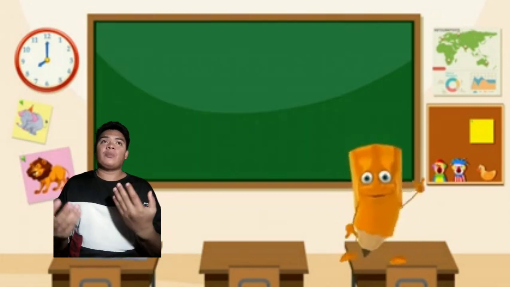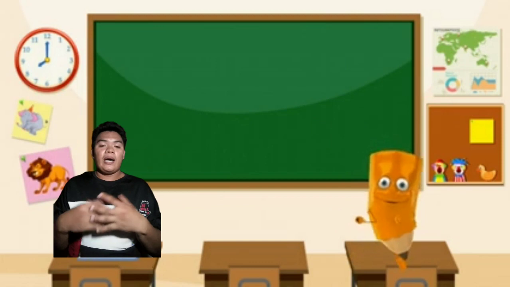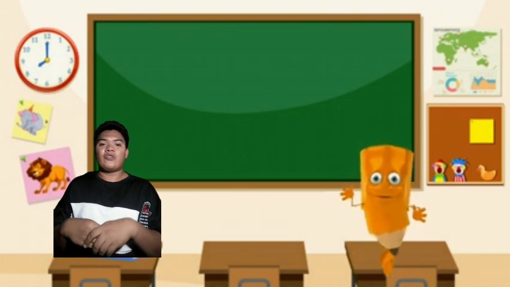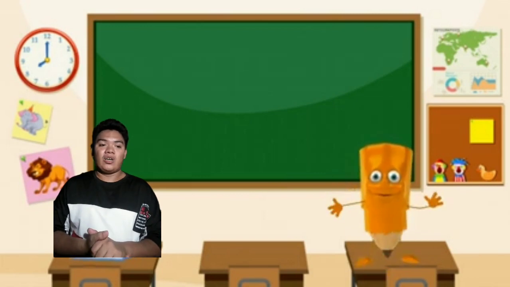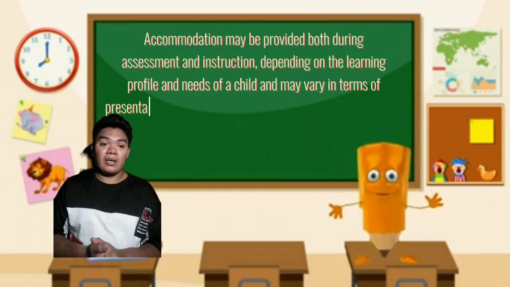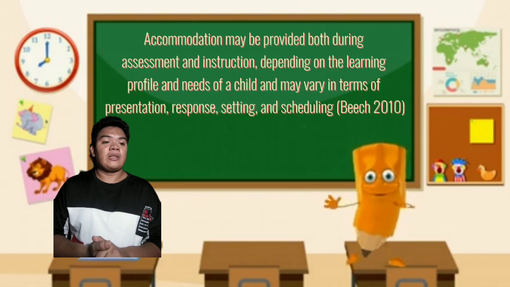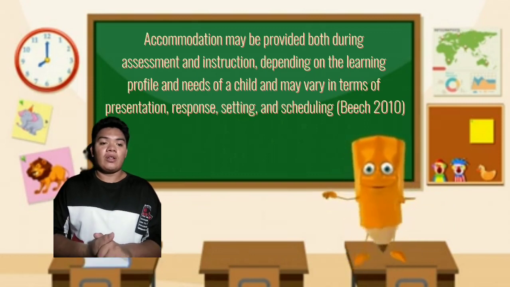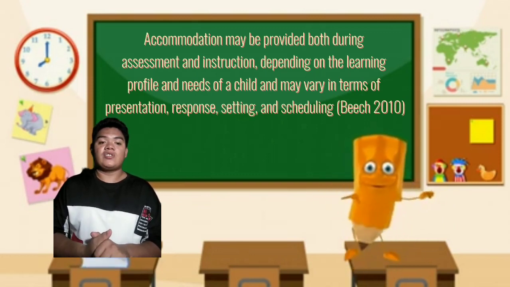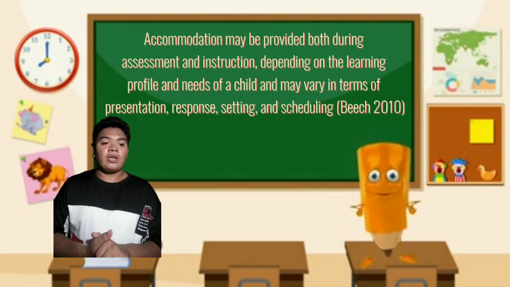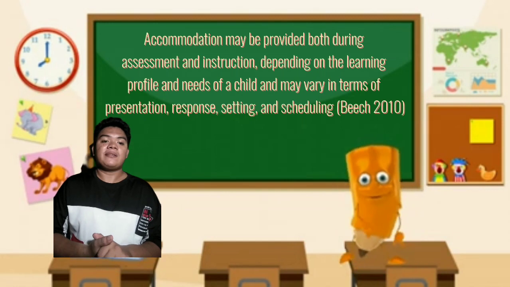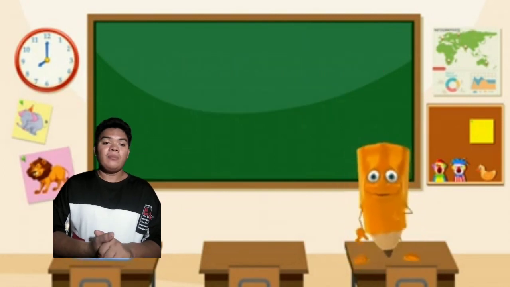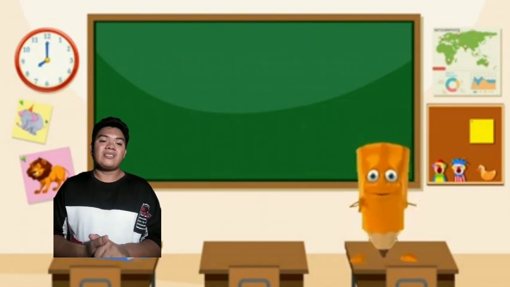Why is it important to have accommodation, or why do we need to accommodate people who have needs for accommodations? Accommodation will be provided both during assessment and instruction, depending on the learning profile and needs of the children, and may vary in terms of presentation, response, setting, and scheduling, by BED 2010.